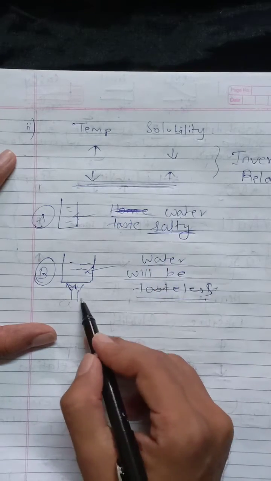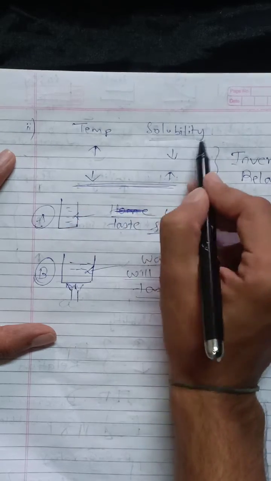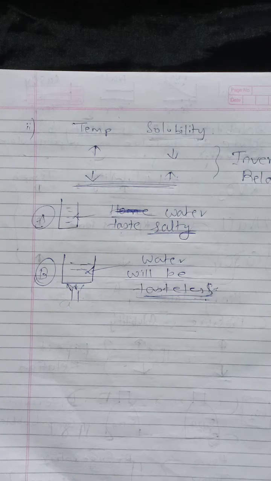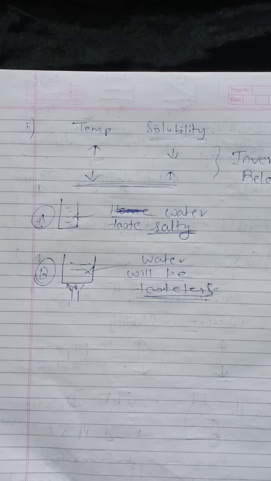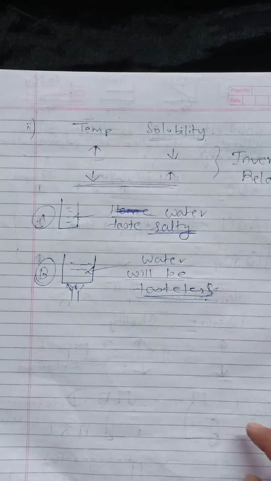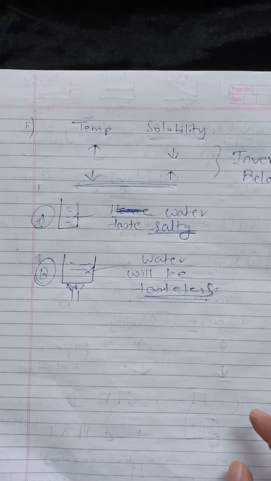But when we increase the temperature by applying heat, the solubility decreases, so that is why it became tasteless. So in both cases, we came to the conclusion that temperature and solubility show the inverse relation, whereas pressure and solubility show the direct relation.